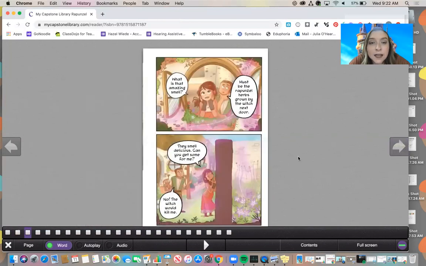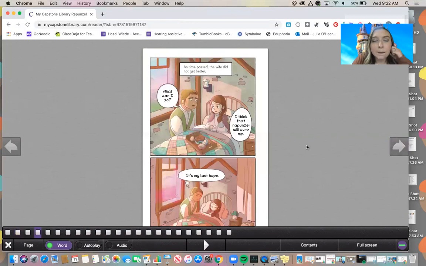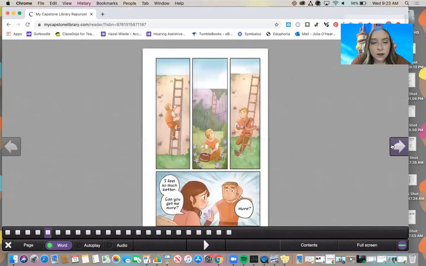What is that amazing smell? Must be the Rapunzel herbs grown by the witch next door. They smell delicious. Can you get some for me? No, the witch would kill me. As time passed, the wife did not get better. What can I do? I think that Rapunzel will cure me. It's my last hope. I feel so much better. Can you get more?